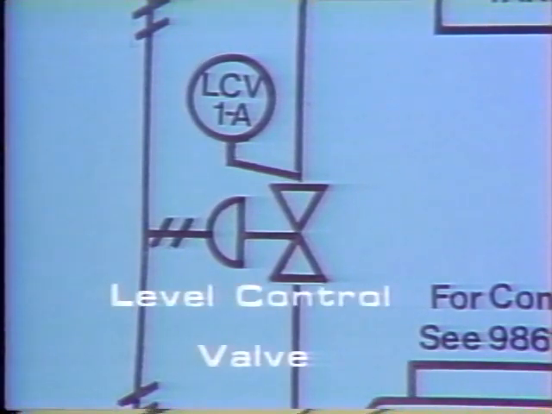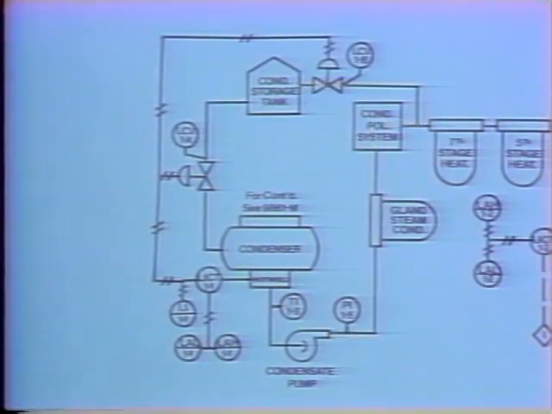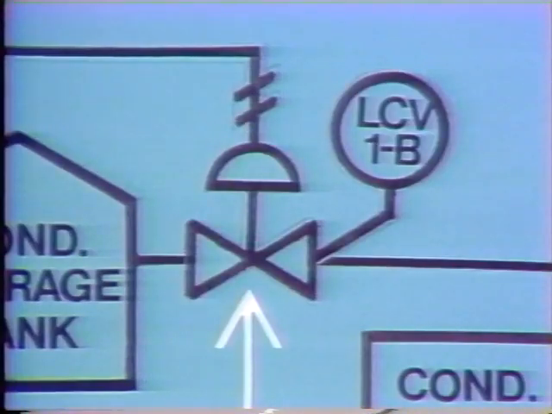The LCV stands for Level Control Valve, and the number 1A identifies the specific valve. A second line, the dump line or draw-off line, connects the discharge side of the condensate pump with the condensate storage tank. A valve in this line controls flow and is identified as Level Control Valve 1B.